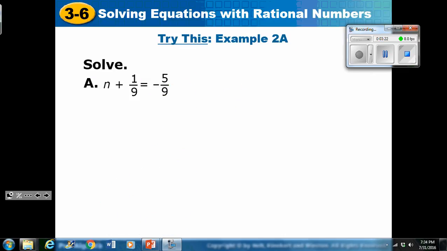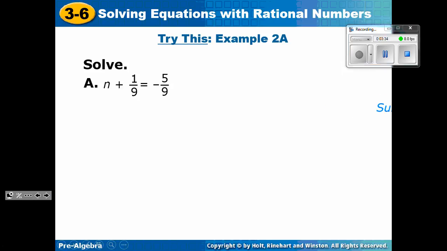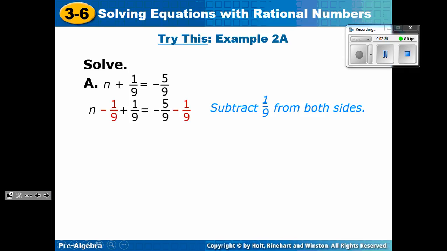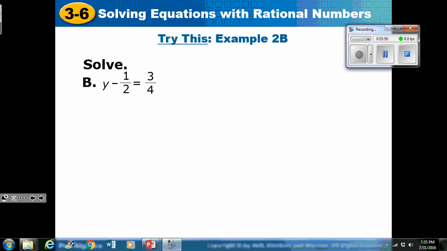Here's a problem for you to try. So go ahead and pause, work it out, and then check your answer. Okay, next one is y minus 1/2 equals 3/4.